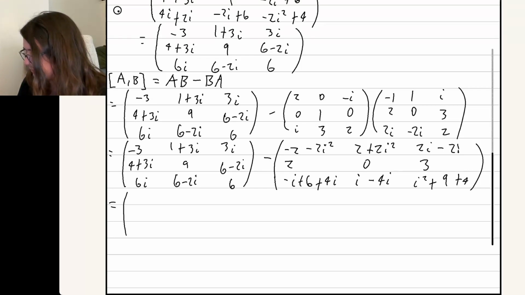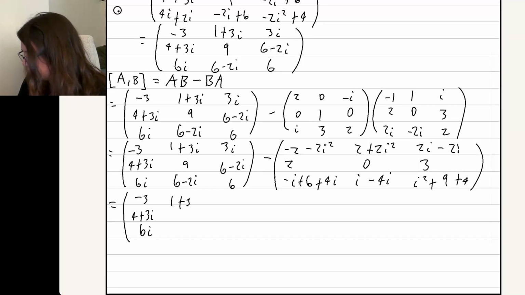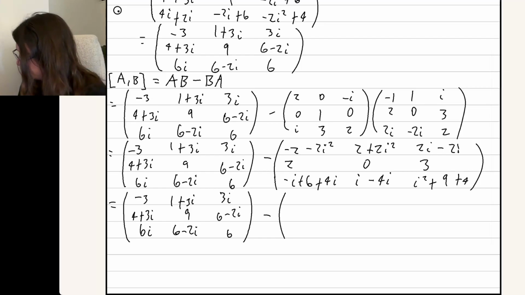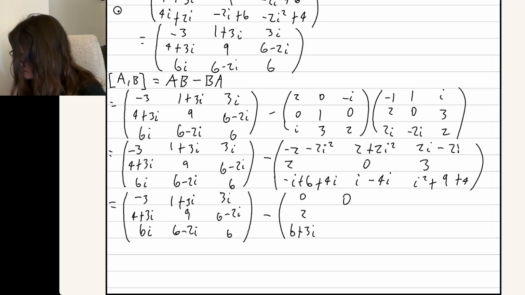We can start simplifying the resultant matrix before we try and subtract. So 2 minus 2i squared, so minus 2 plus 2, so 0. 2 is still 2. 6, this is now 6 plus 3i, because 4 minus 1 is 3. 2 minus 2, so 0 here, still 0 here. i minus 4i makes minus 3i.